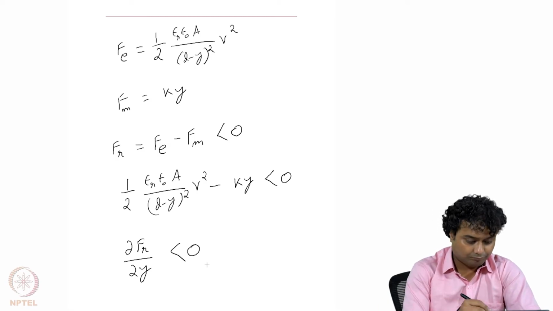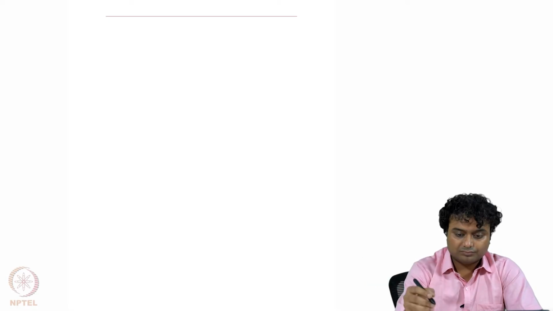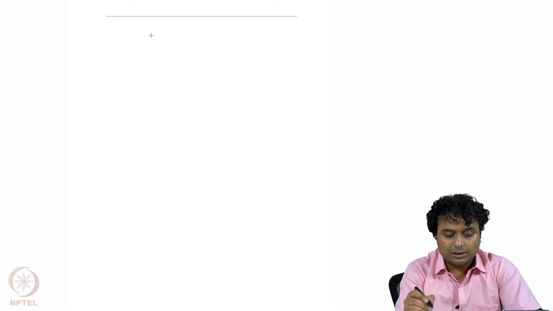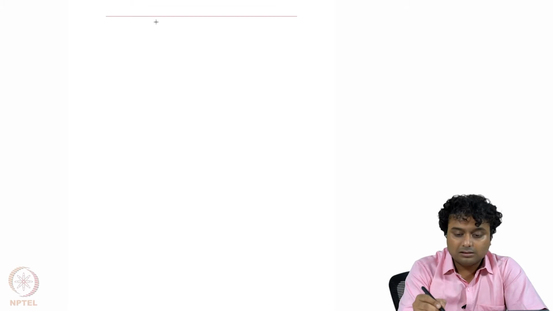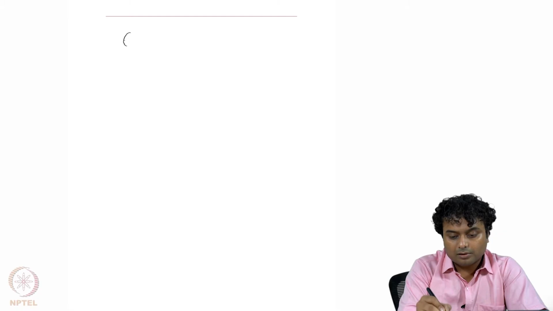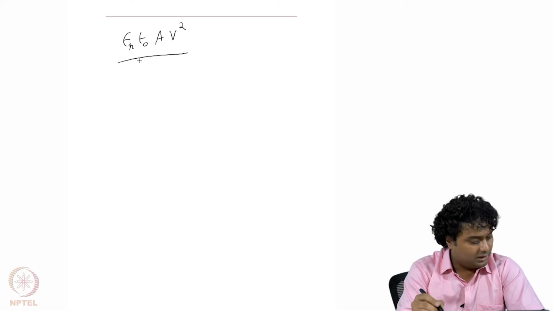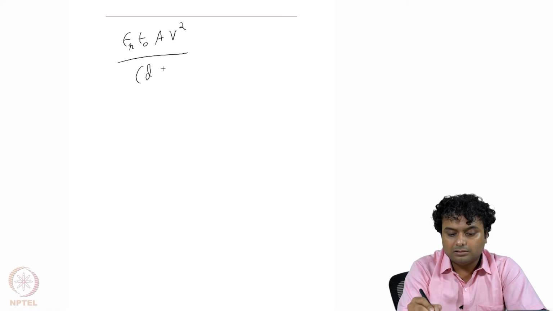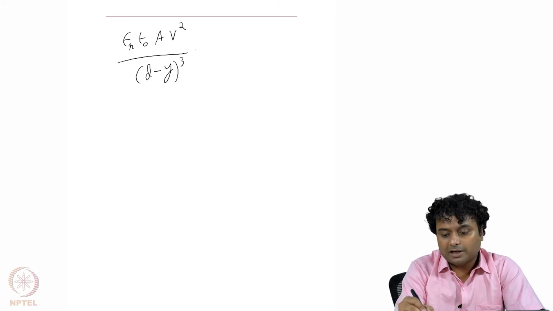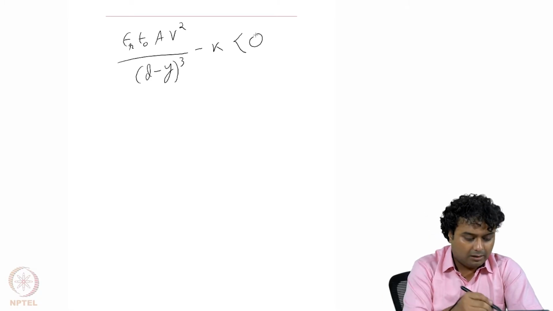Now what is delta FR by delta y? That is epsilon r epsilon naught A V square divided by d minus y whole cube, minus k, less than 0.